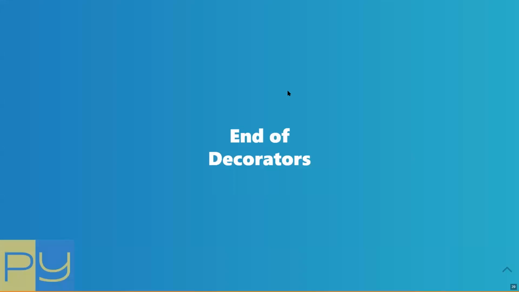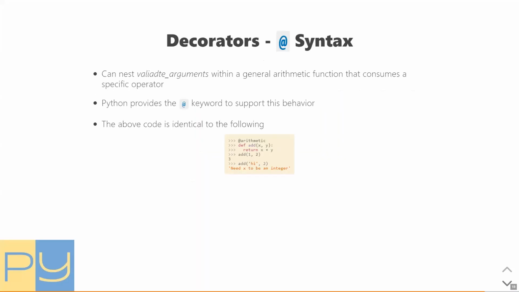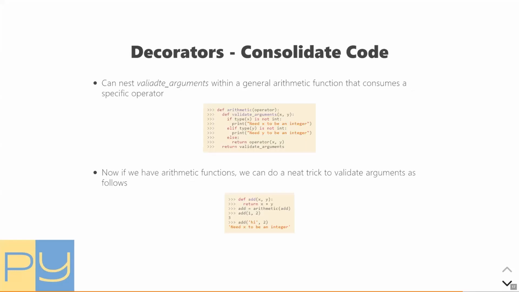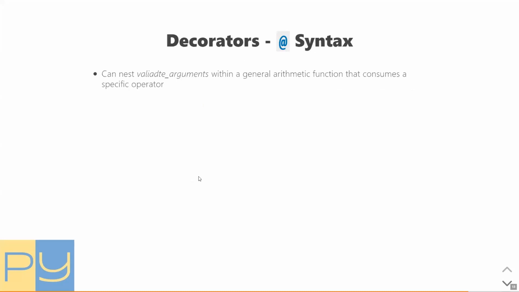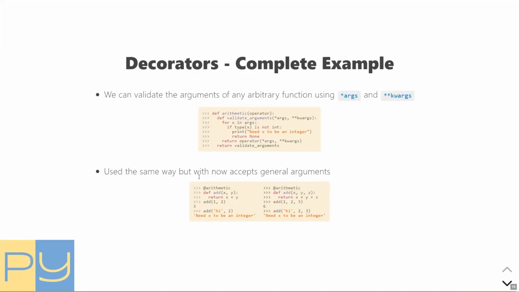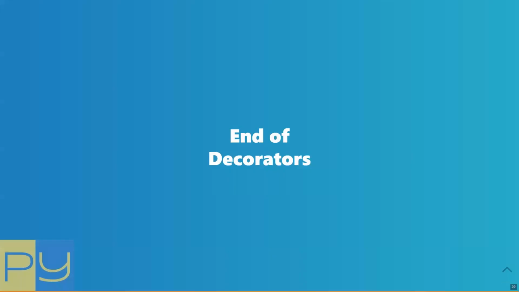So that really concludes our decorators section. Once again, the important takeaway here is, if you can understand add equals arithmetic on add, everything else really does come together. Decorators are very powerful because they allow you to isolate a piece of code that you would want to do in many different scenarios.